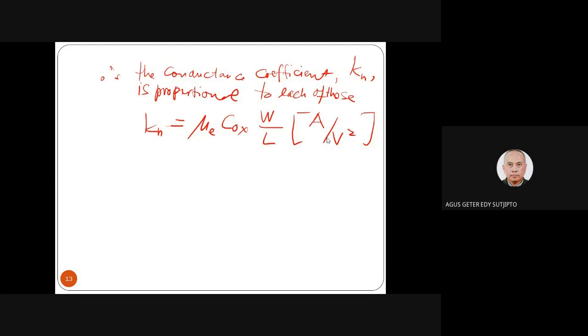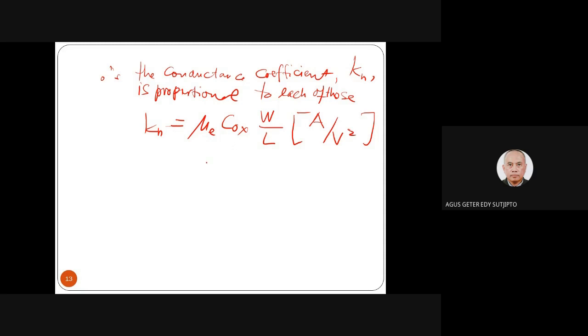Kn is dependent on the mobility of electron, capacitance, and the dimension of the transistor, the aspect ratio. So these are all characteristics of the material, right? The mobility of electron is different from one material to another. In germanium, silicon, or gallium arsenide, they will have their own mobility of electron, as well as oxide capacitance, which also has a different value.